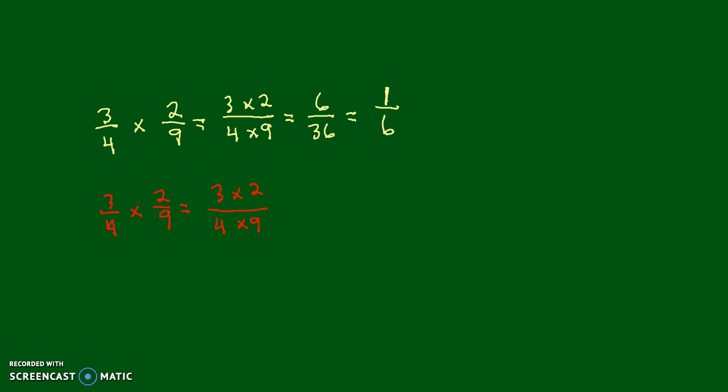When we're doing problems like this, we know that for multiplication it doesn't matter what order you put it in. So we could think about changing the order, and instead of 3 times 2, we could do 2 times 3 over 4 times 9. Now, you might be wondering why I chose to do it that way, and here is the reason.